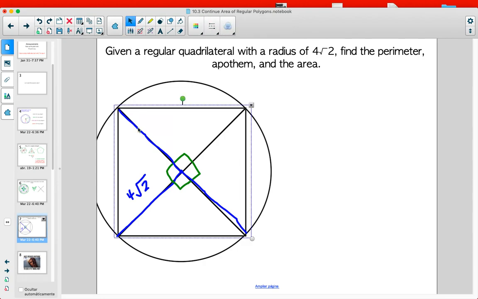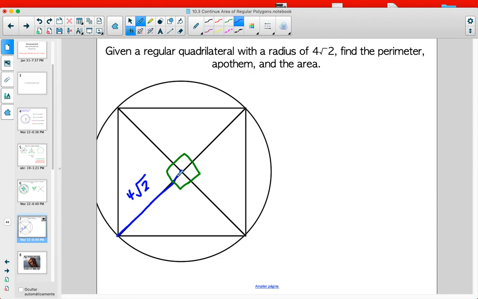However, I'm only going to focus in on one of them. So on 2 of them specifically. I'm only going to focus on this one and this one over here. Because we are going to use this triangle right here to help us find the apothem. And we'll go over it now. So I'm going to go ahead and draw in the apothem. And because I drew in the apothem, the one in red, we know that this is a right angle, because the height or the altitude of an object is always perpendicular to the base.